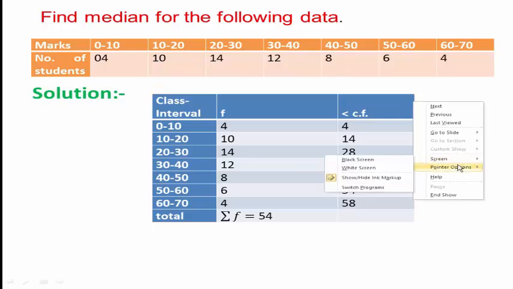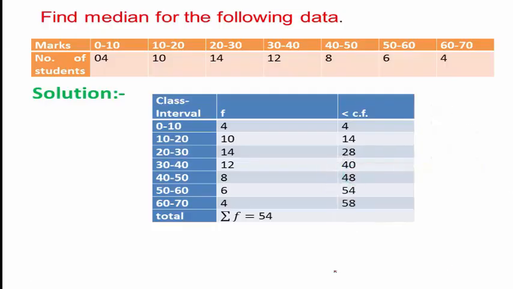What is x here? x is the marks of the students, and f is the frequency, that is the number of students.